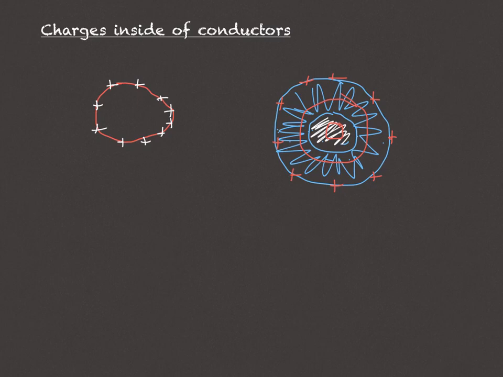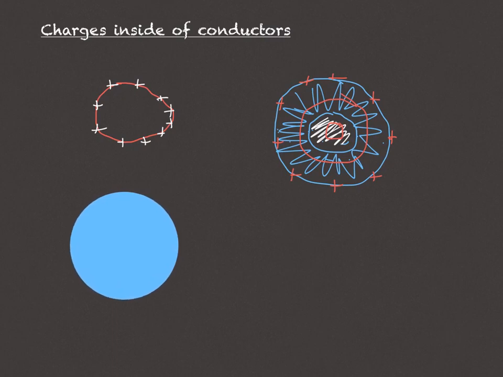In the case where we have an insulator, so if we had an insulating sphere, that means that the charges will not flow through the material, and we could place the charges where we want them.